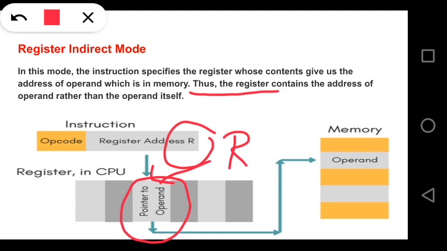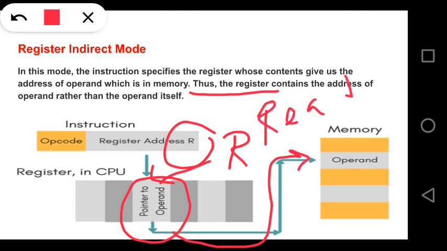So when it contains a pointer to the operand, it should go and fetch again; one memory read operation is required here. Take the address and go and fetch the actual operand value.